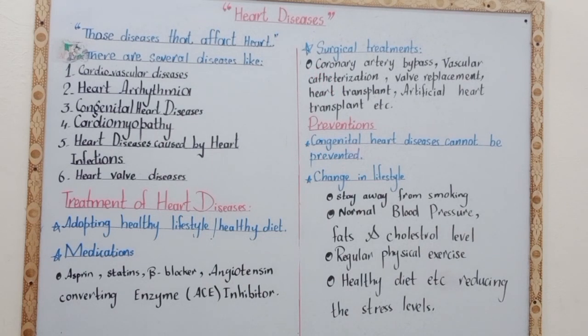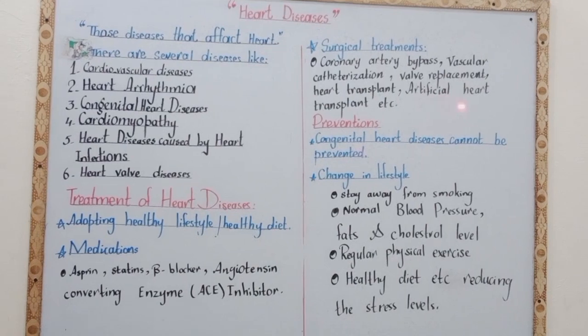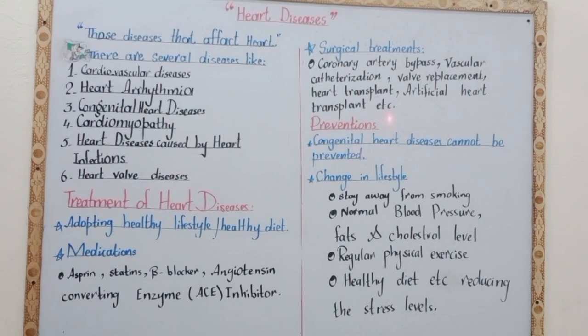The last step, depending on the severity or chronicity of the heart disease, is surgical treatment. In surgical treatment, some parts can be removed or added to the heart, for example coronary artery bypass, vascular catheterization, valve replacements, heart transplant, artificial heart transplant, etc.